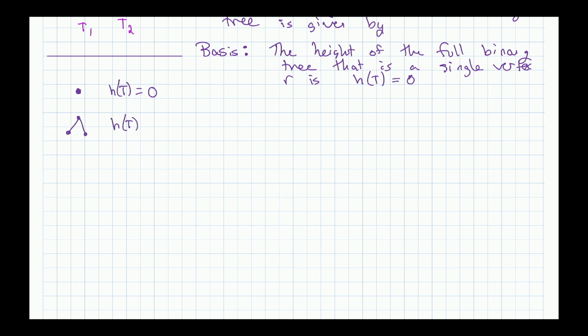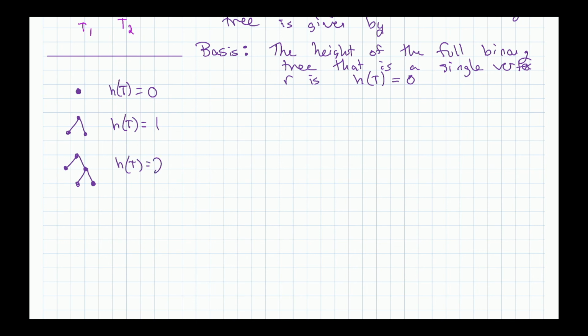You're going to want that to be 1. And so on. If you had something like this, and I could have drawn this side in, but it doesn't make a difference here. This is one of the trees that has height 2.